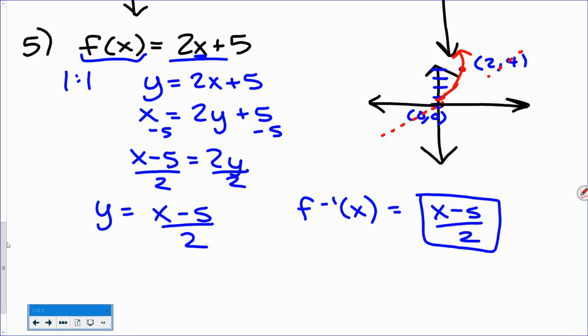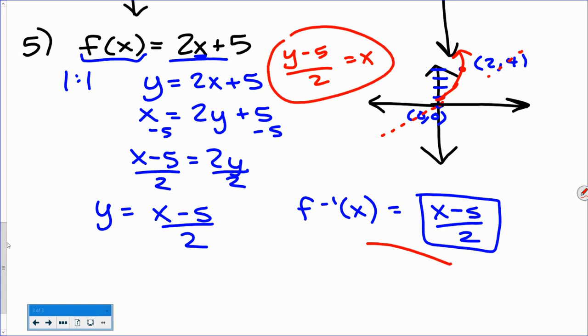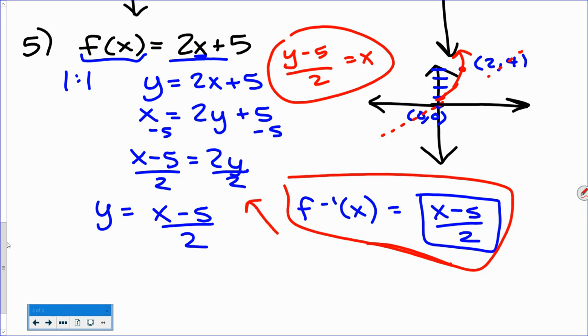Like in pre-calculus, you probably would have just left it as y minus 5 over 2 equals x, showing that y is your new input, x is your new output. Means a similar thing as what we got here, but you will not enter it in that way. We still subtract 5, we still divide by 2. But the program will have you write it like this and follow these steps if you ask for help.